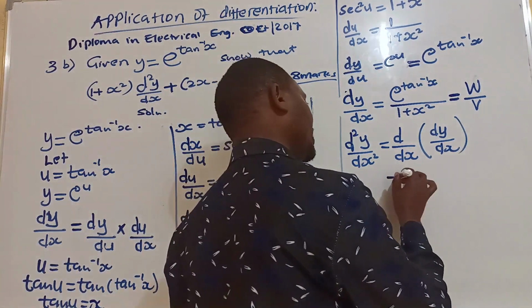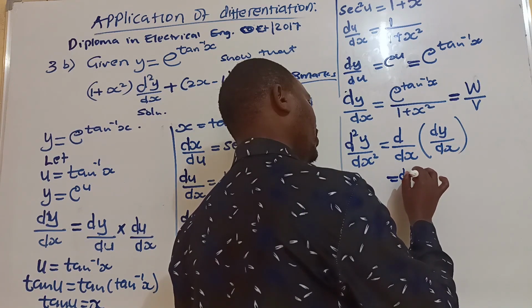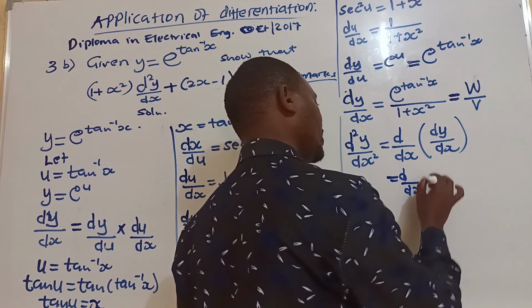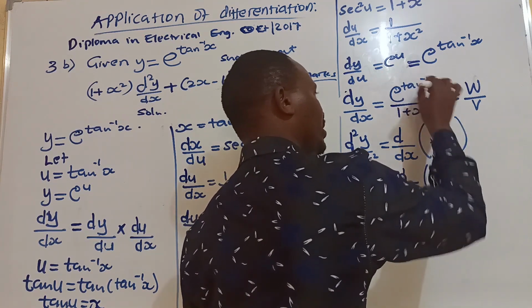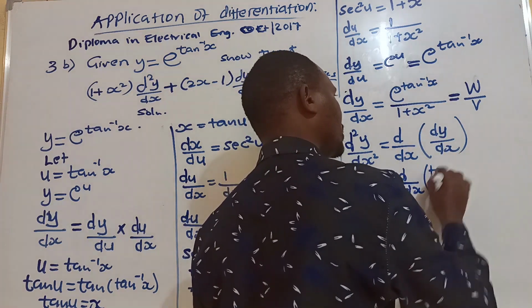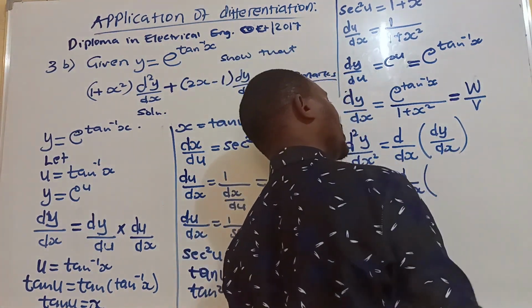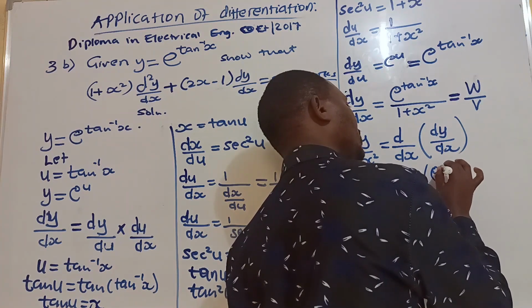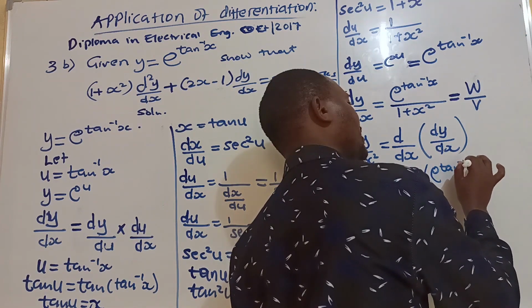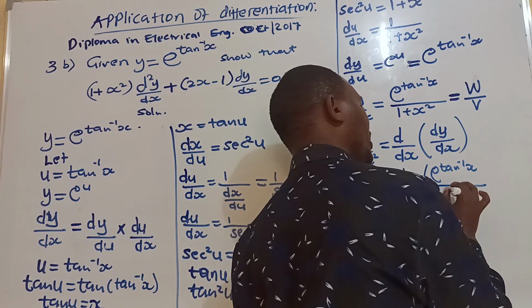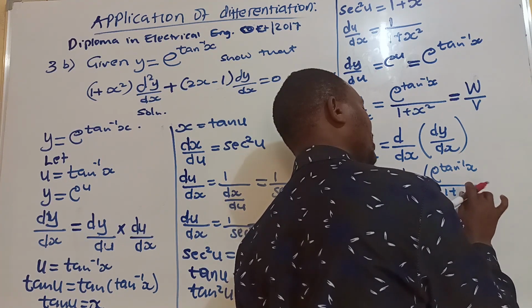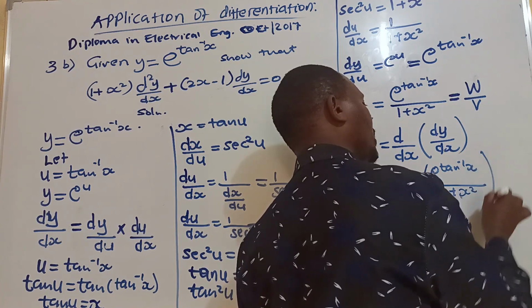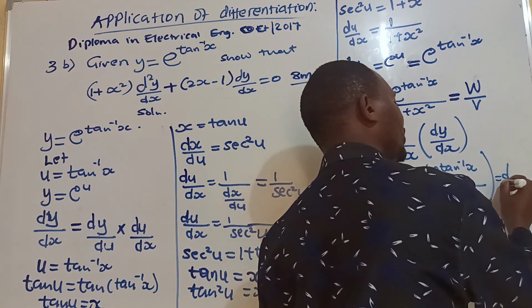So if you are differentiating, with respect to x, exponential tan inverse x all over 1 plus x squared, it is the same as differentiating w over v with respect to x.